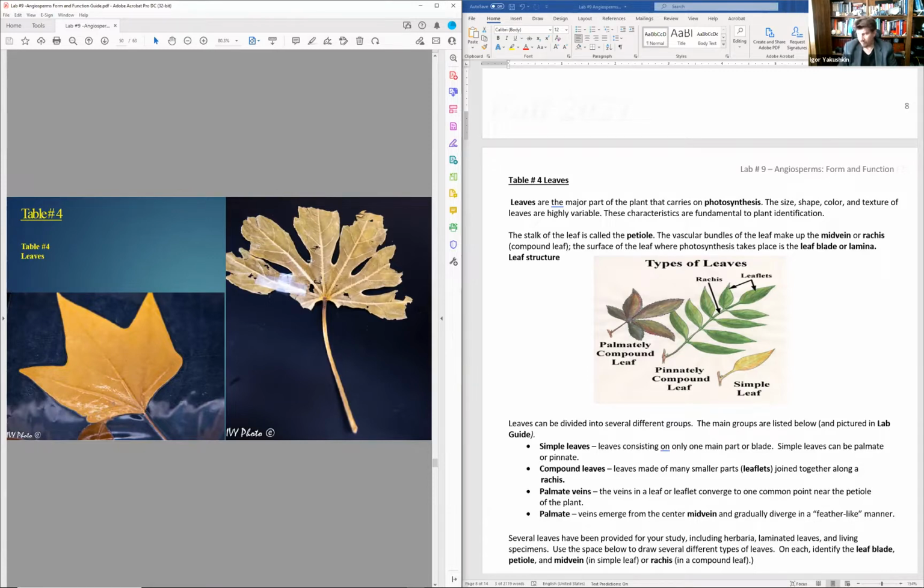If you can, do it in everybody's chat or in a private message to me. We understand that it's palmate venation either way, but this particular leaf, is it simple or is it a compound leaf?